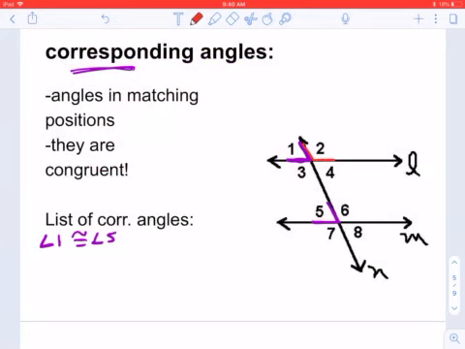So which angle is in this top right position when you look at 5, 6, 7, and 8? Yep, angle 6. So let's list down that since angle 2 and angle 6 are corresponding angles, we know that angle 2 is congruent to angle 6. Remember this little symbol I'm using in the middle, equals with a wavy sign over it, means congruent. It means they have the same measure.